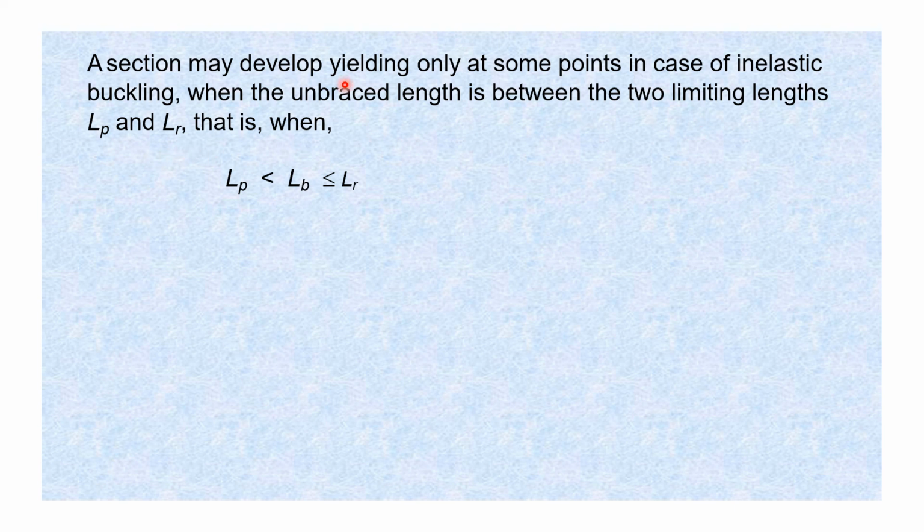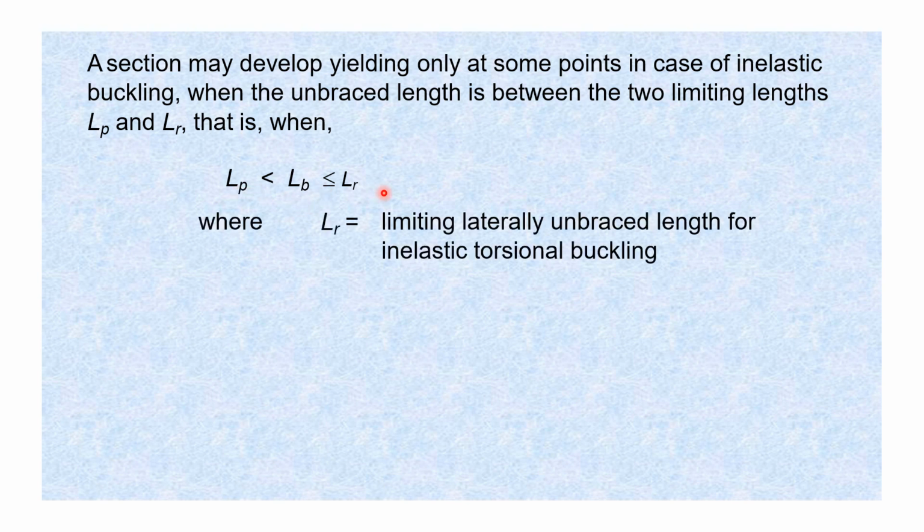Yielding will start, but it will not go to full plastification. So when the length is in between LP and LR. What is LR? It is again the limiting laterally unbraced length for inelastic torsional buckling. If our length is less than this, then it will yield at some points, but it will not go for full plastification.